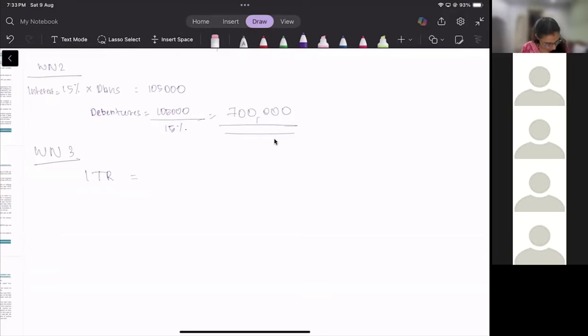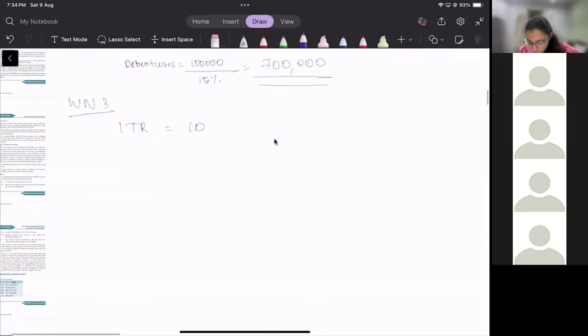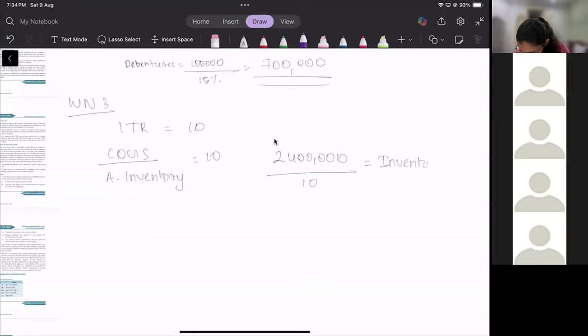Inventory turnover ratio is given as 10. What is the formula for inventory turnover ratio? Cost of goods sold by average inventory. Cost of goods sold is already given in the question. It's given as 24 lakh. Correct.